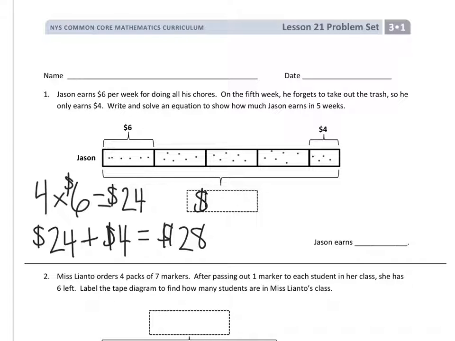So in my box, I can put $28. Jason earns $28. So, see how we had to solve 2 problems to find the answer?